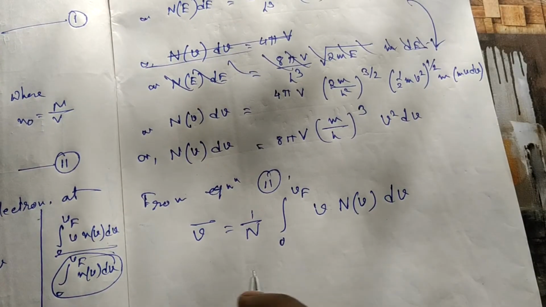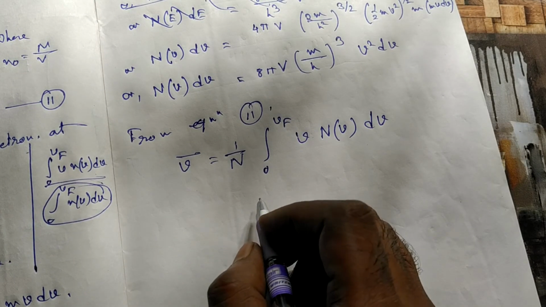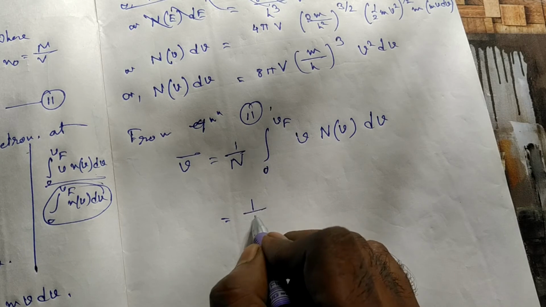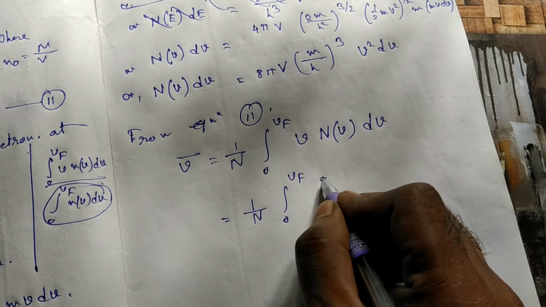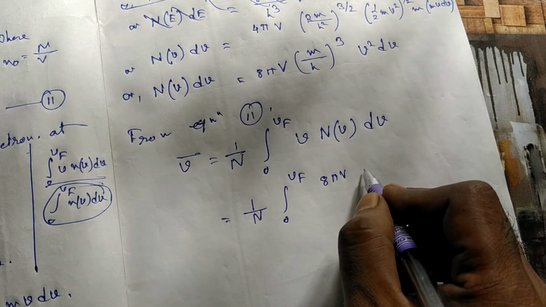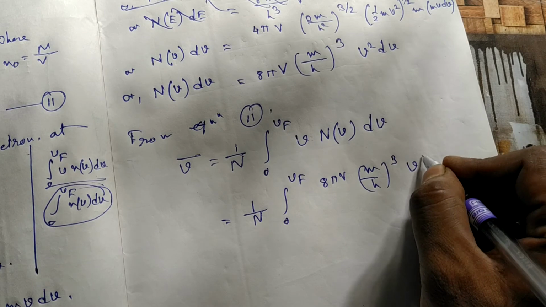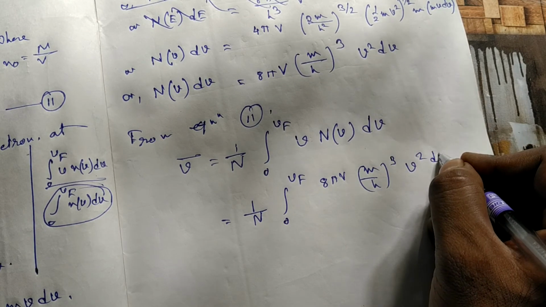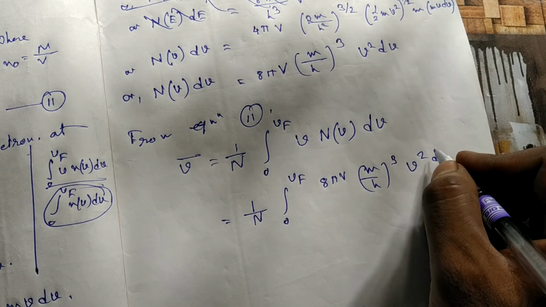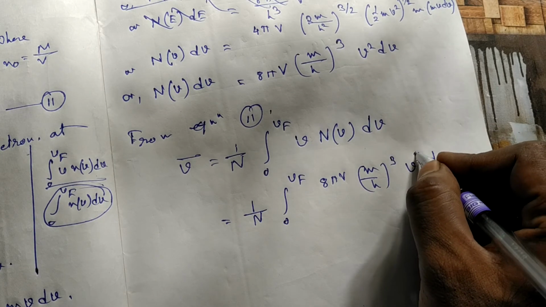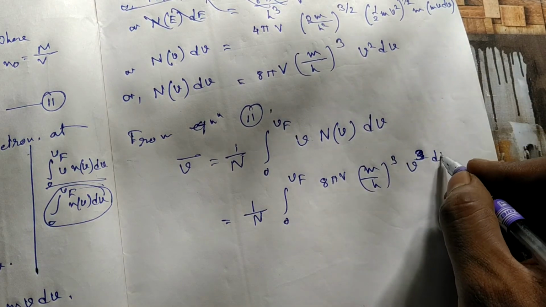Now put the value: 1 by n, integral 0 to v_F of 8 pi V m by h whole cube, V square. It becomes V cube, because V is multiplied with V square into dV.